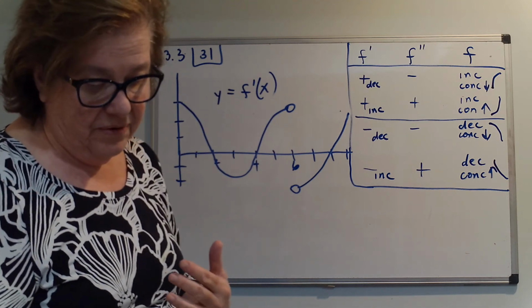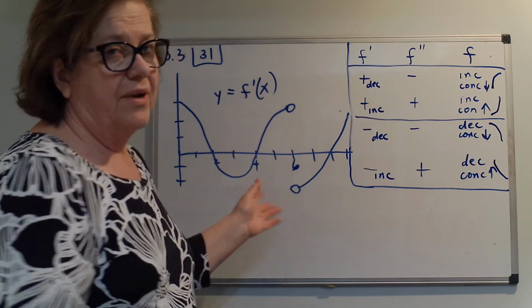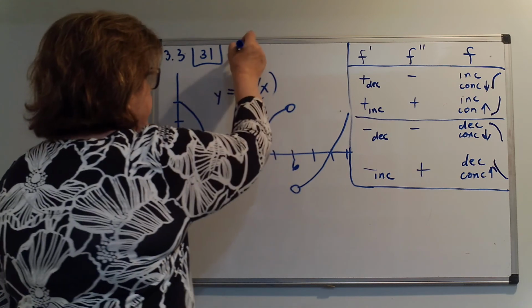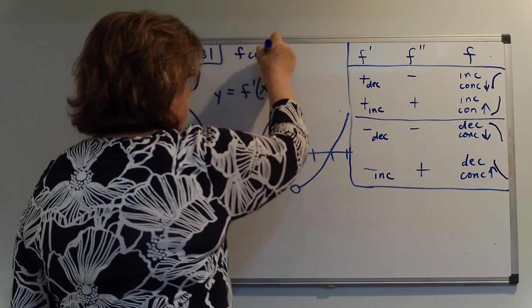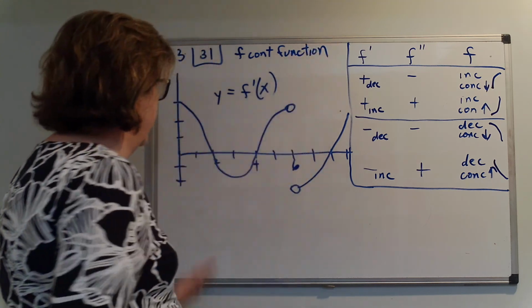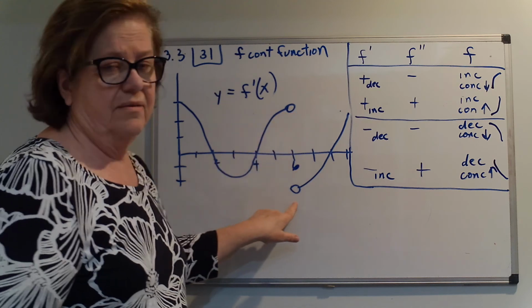So the first part, the graph of the derivative of a continuous function is shown. Okay, they're telling us f is a continuous function, so we've got to assume that it's defined all through here. But notice the derivative isn't defined there.